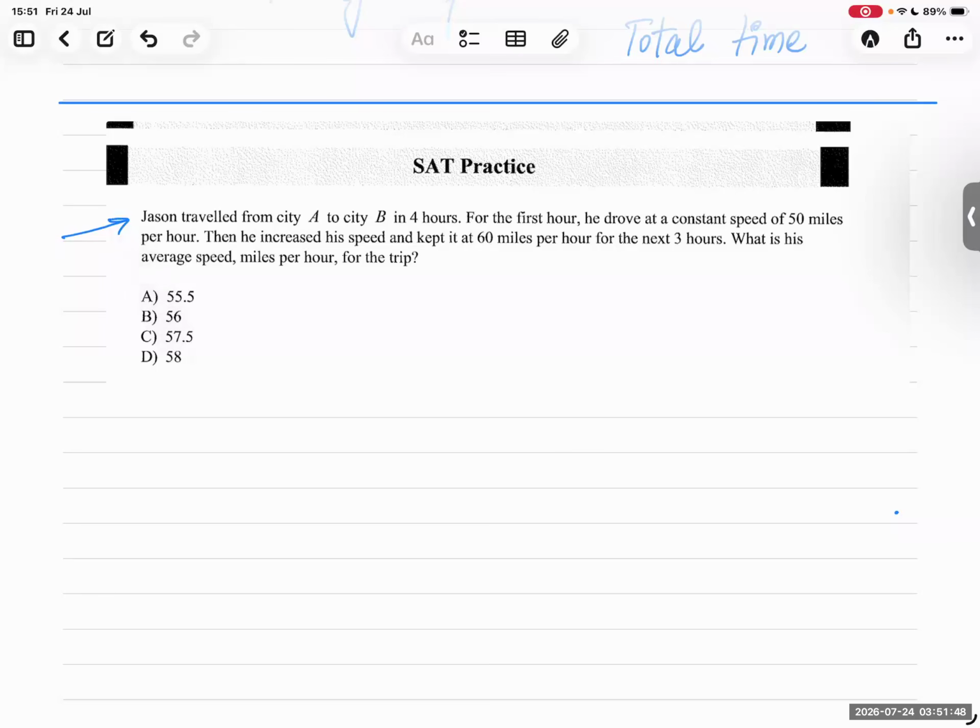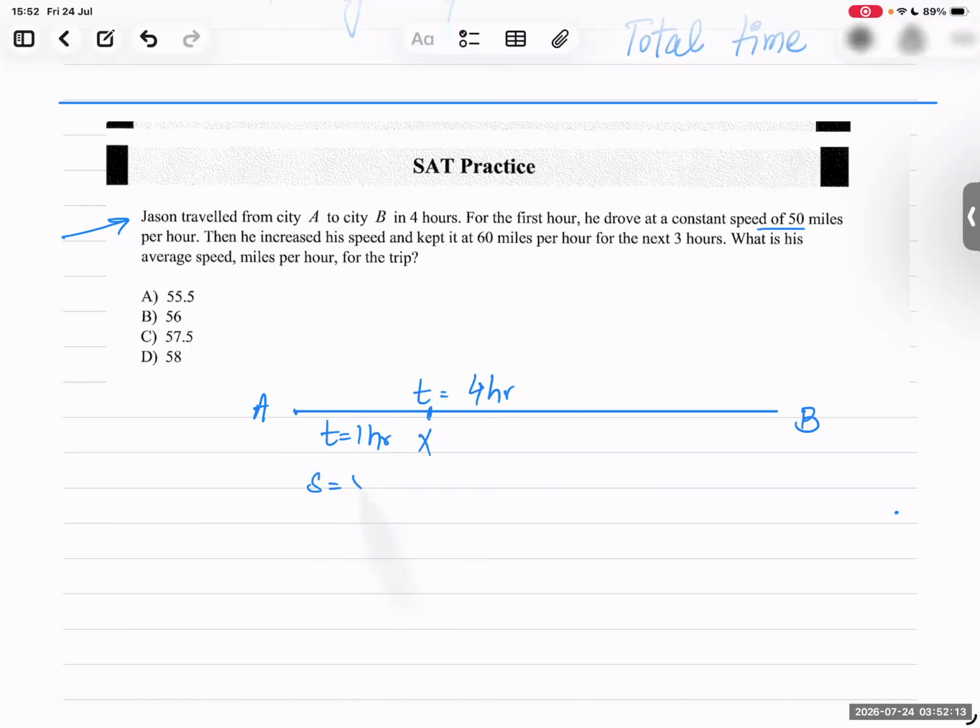Jason traveled from city A to B in 4 hours. So suppose this is Jason traveling from city A to city B, and the time was 4 hours. For the first hour, he drove at a constant speed of 50 miles per hour, and he obviously covered some distance d1.